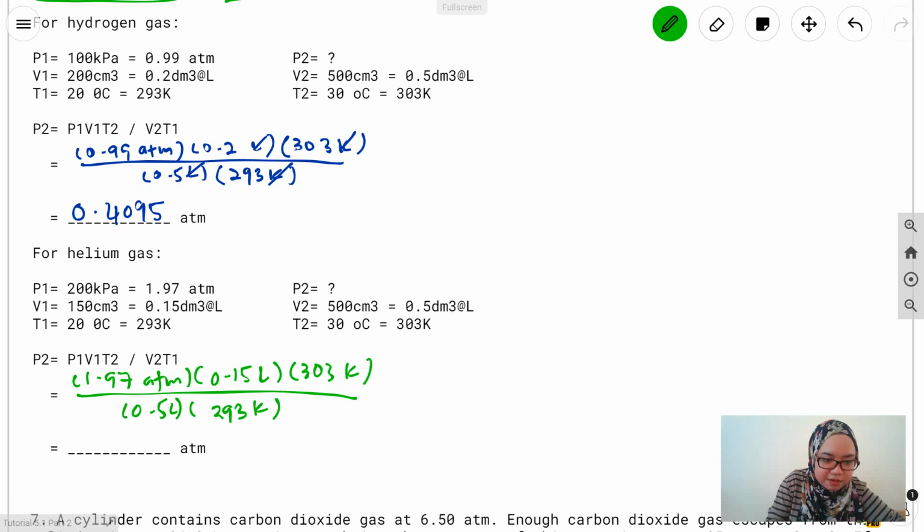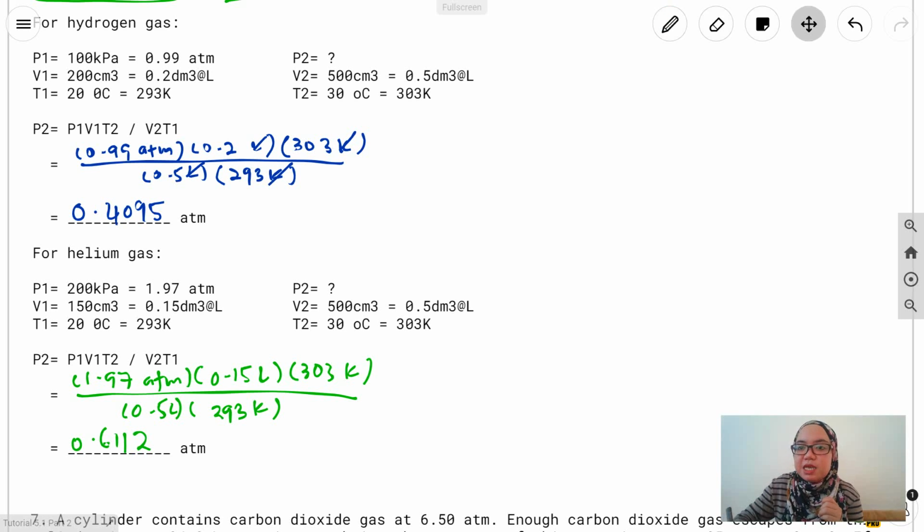So we will get 0.6112 atm. This is for helium gas.